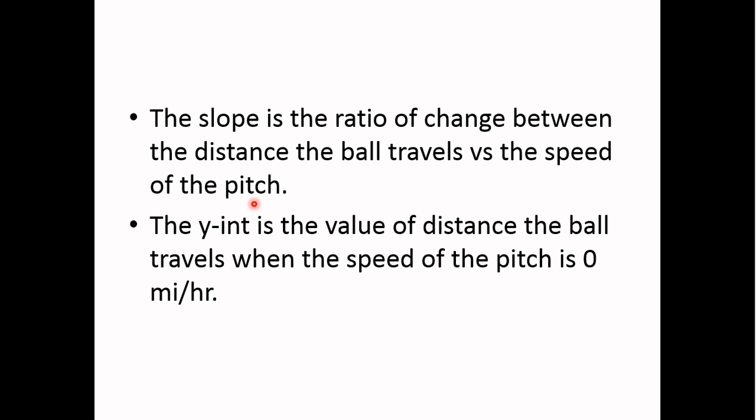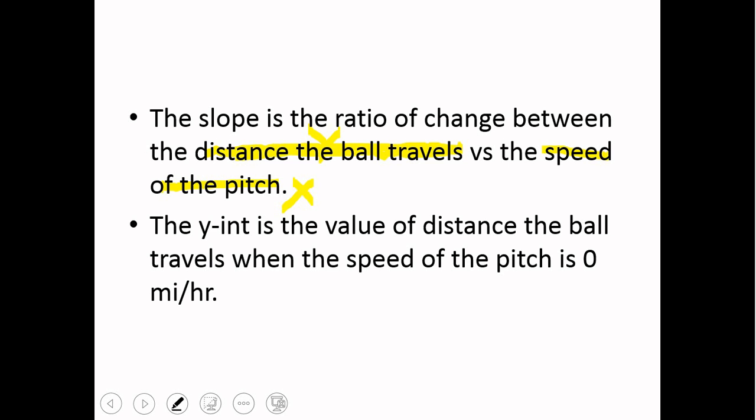Now, you can do that generically for any time I ask you what the slope means. All you have to do is say it's the ratio of change between, and then you substitute in the value here. It would be your y value versus your x value right there. So here's your y versus x, just to kind of help simplify it.